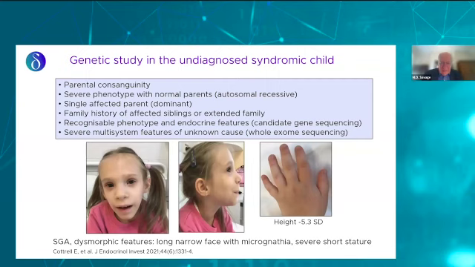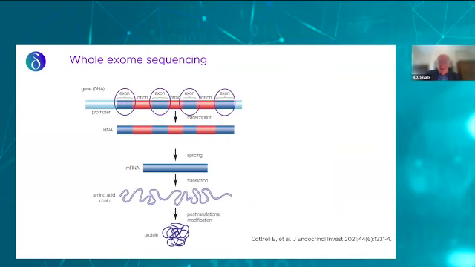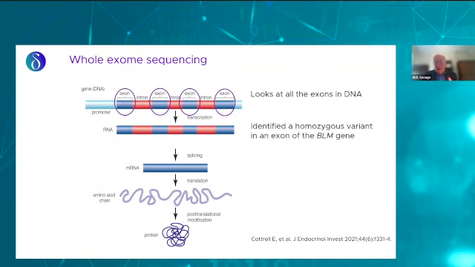And this is what this child had. Clearly, she is not normal in her appearance. But we just couldn't put it together. We couldn't fit it together with a known syndrome. So we performed whole exome sequencing involving sequencing of the exons, and we found a homozygous mutation in the exon of the gene consistent with Bloom syndrome. Now, this is just an example of how whole exome sequencing is important.